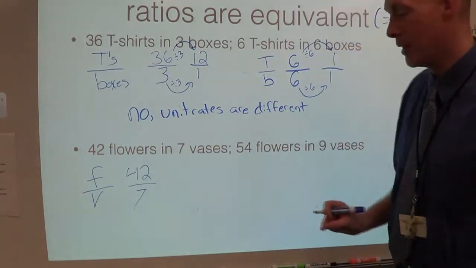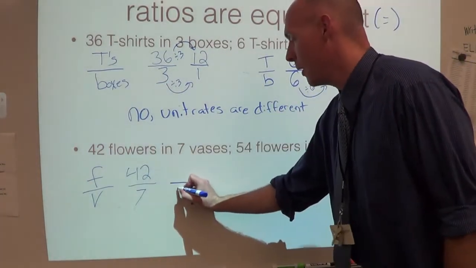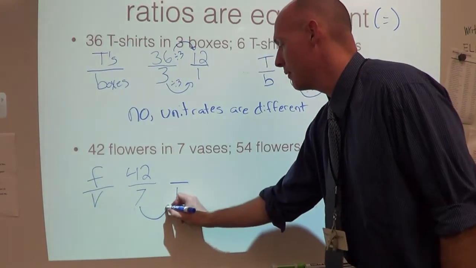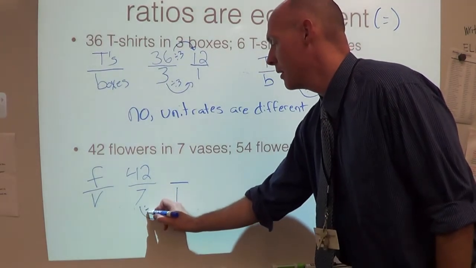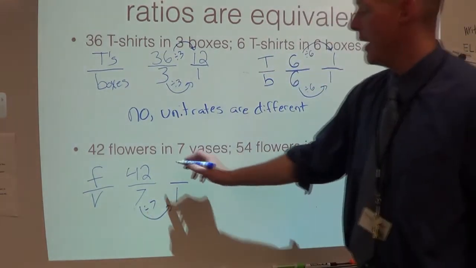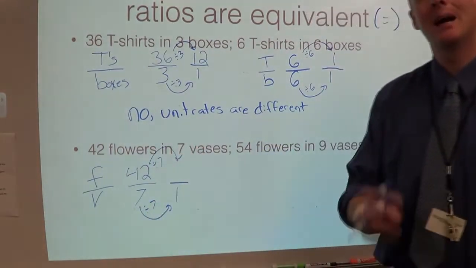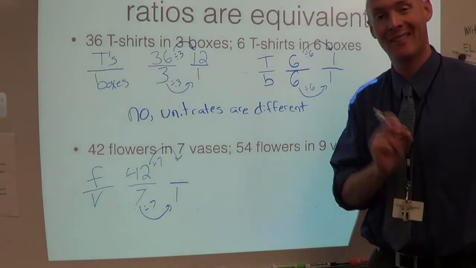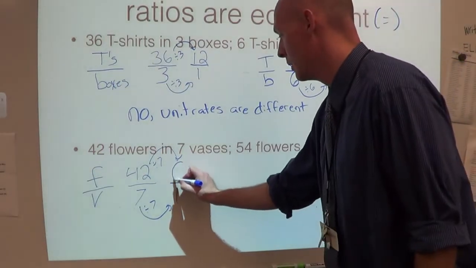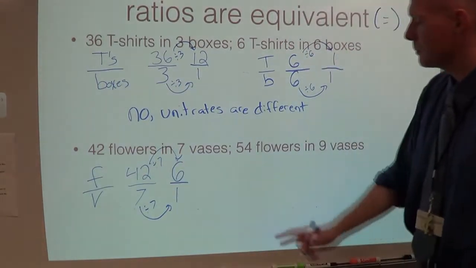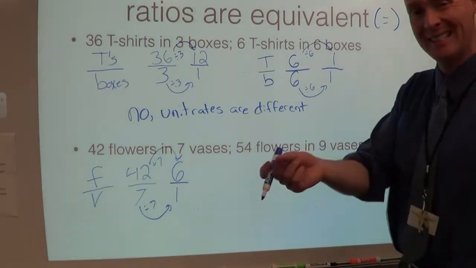Let's find its unit rate. Remember, I have to get it over 1. So how do I go from 7 to 1? Divide by 7. And if we do it there, we also have to do it here. Divide by 7. 42 divided by 7 is 6. Perfect. So the unit rate for the first one is 6 to 1.